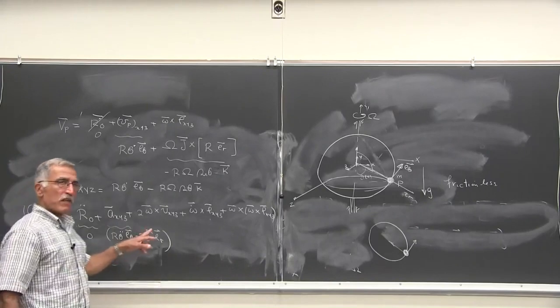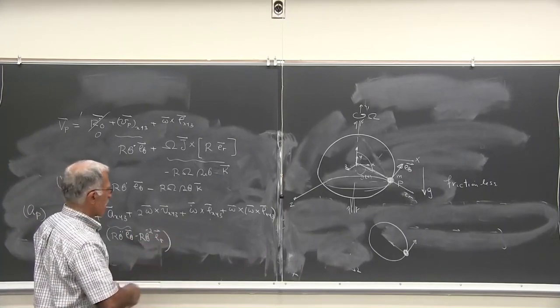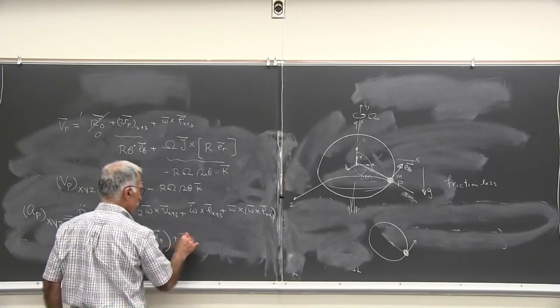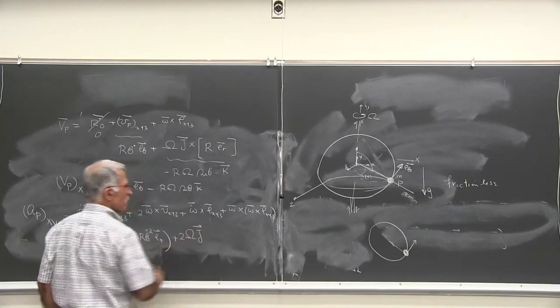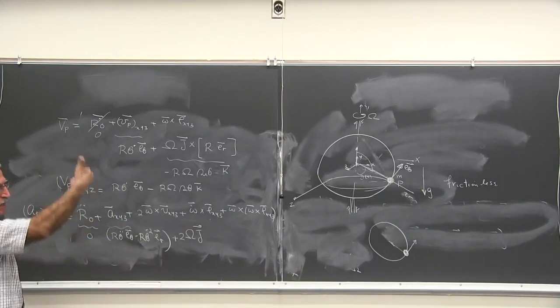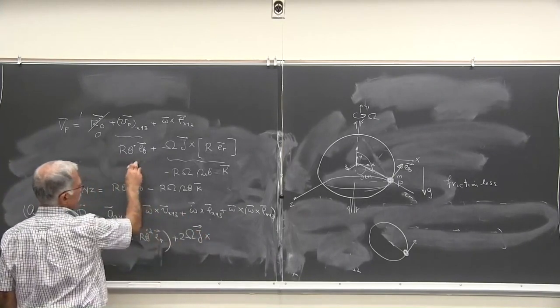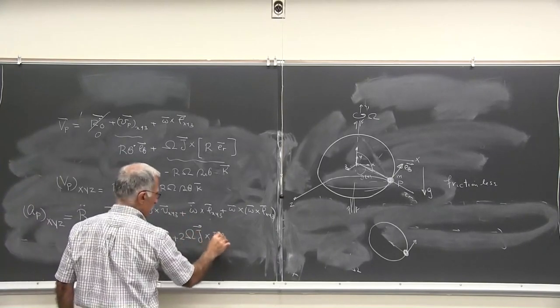Now my auxiliary reference frame is being twisted, then I have 2 omega capital J based on this coordinate system. My J is up, my K is normal to the blackboard, times V_XYZ, and V_XYZ is r theta dot e_theta.